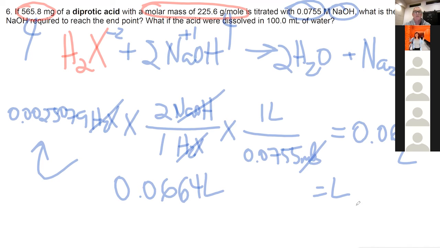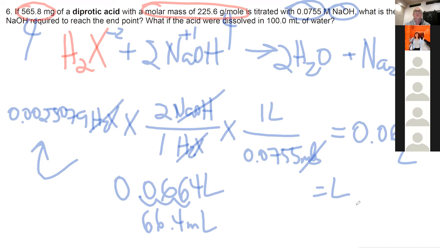And if you wanted to give that in milliliters, what would it be? 66.4. That's right, because we moved the decimal 3 places: 10, 100, 1,000. So 66.4 milliliters.